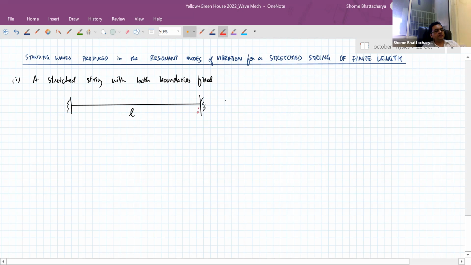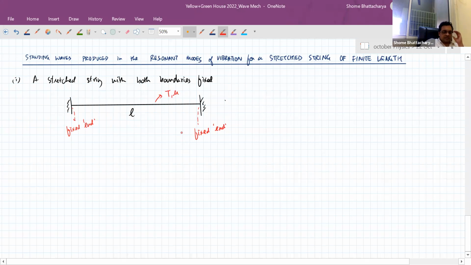So these are our fixed boundaries, a fixed end of the string, which is acting like a fixed boundary. And this is a thread of tension T and linear mass density mu.